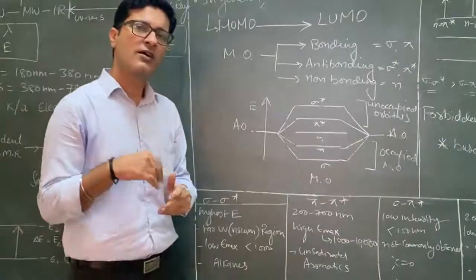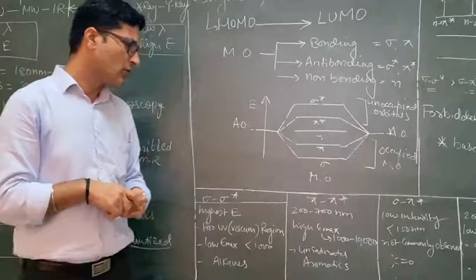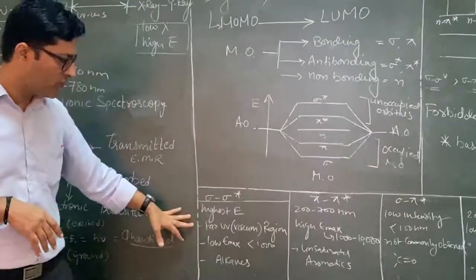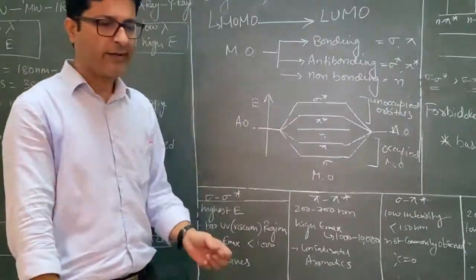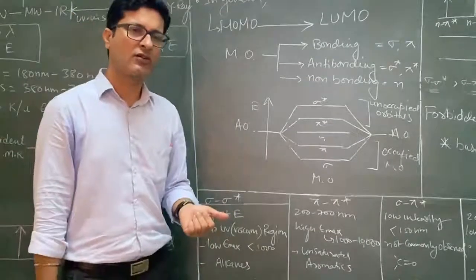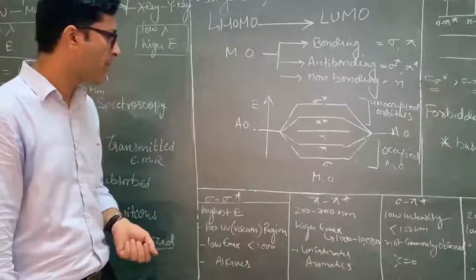Therefore, the far UV region is also known as the vacuum region. Below 180 nanometers is the far UV or vacuum region, the region of alkanes, and they have a very low intensity. The molar absorptivity, or Emax, values are generally below 1000.